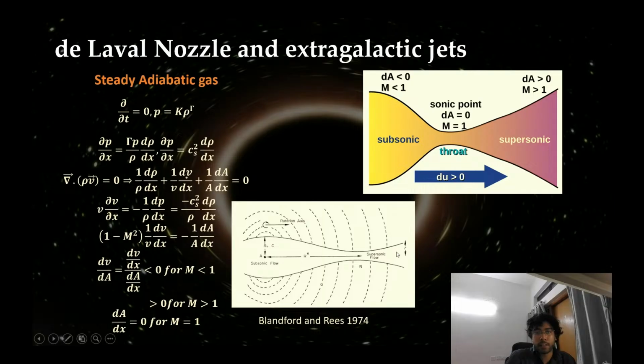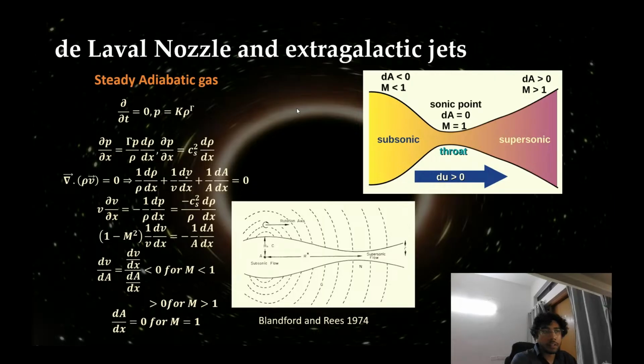And then finally, as it goes out into the extragalactic region, this jet gets a huge room for expansion, right? And this room is what is causing this dA greater than 0 region, and there the jets achieve supersonic speeds, and finally they get released into the extragalactic medium, which we finally observe in radio. Okay? So that is the mechanism for launching these extragalactic jets.